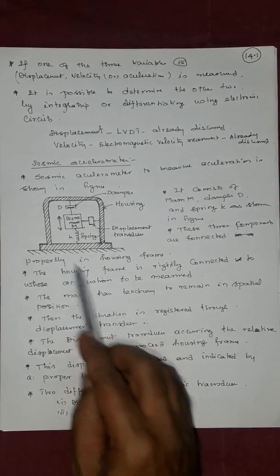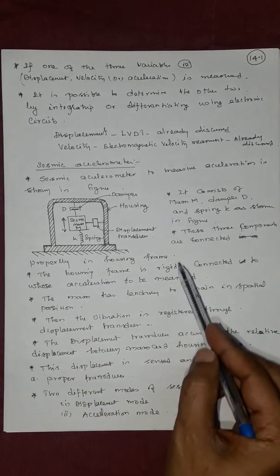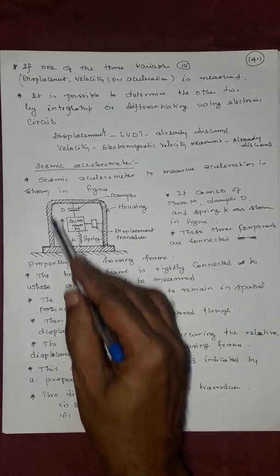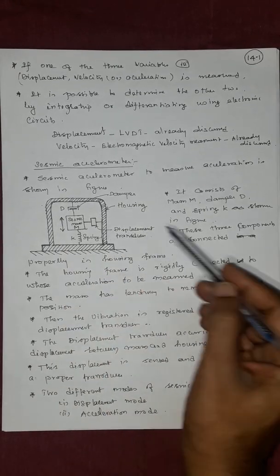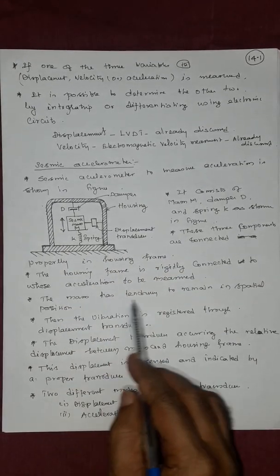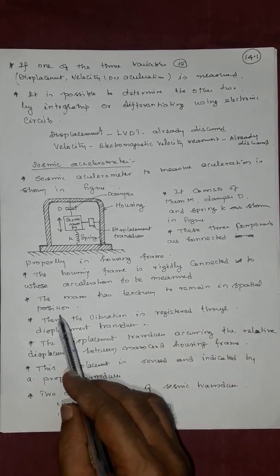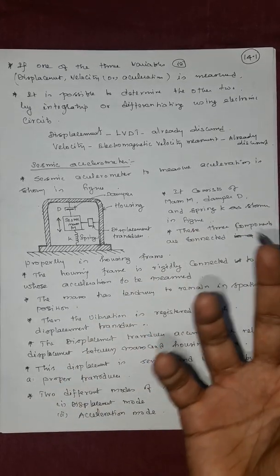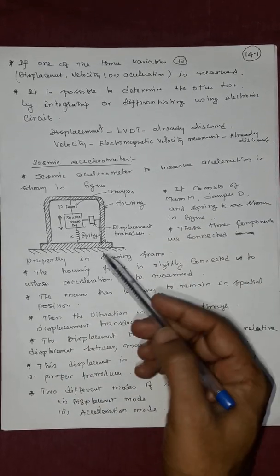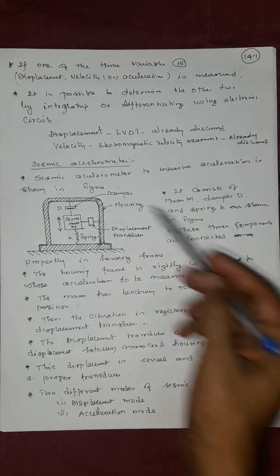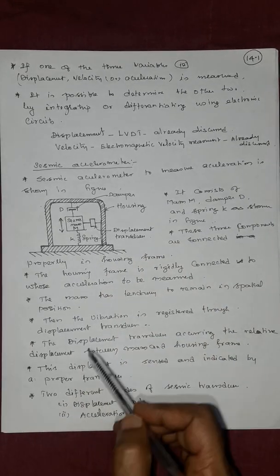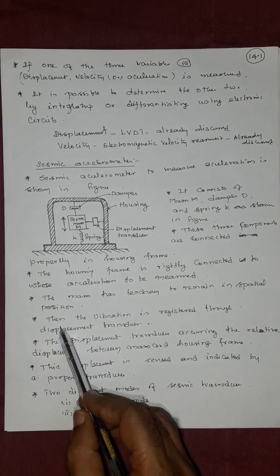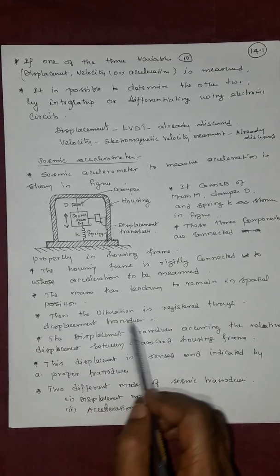The housing or frame is rigidly connected to whatever's acceleration is to be measured. The mass has a tendency to remain in its spatial position. Mass means a weight without gravitational force. Then the vibration is registered through a displacement transducer.